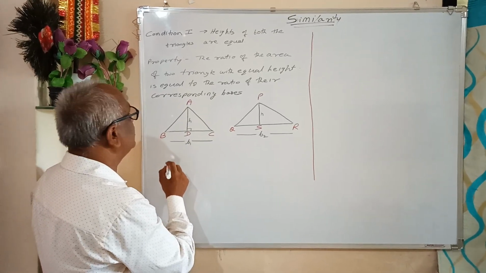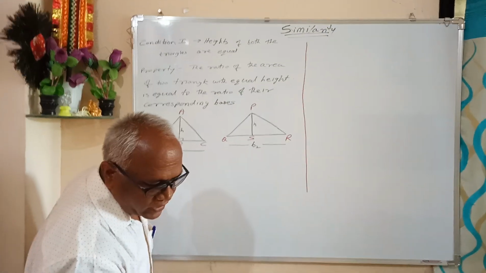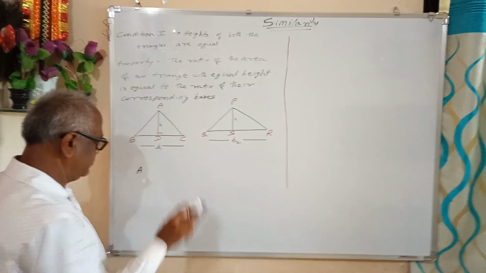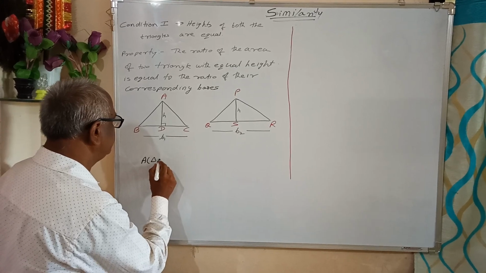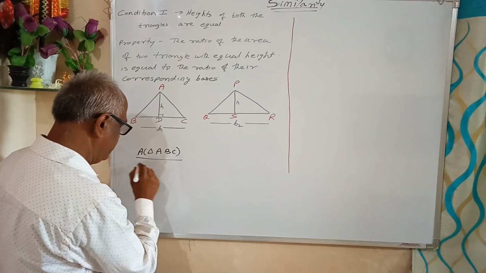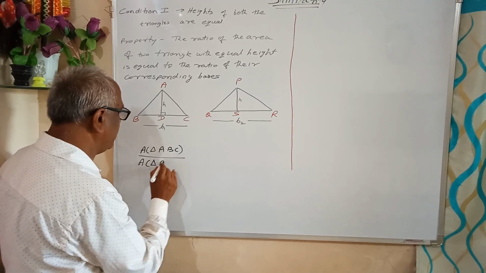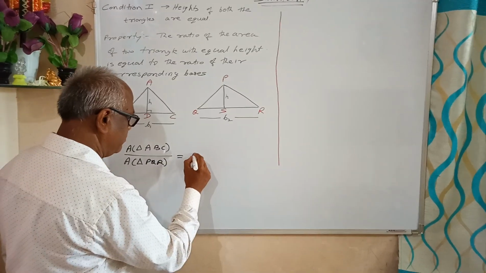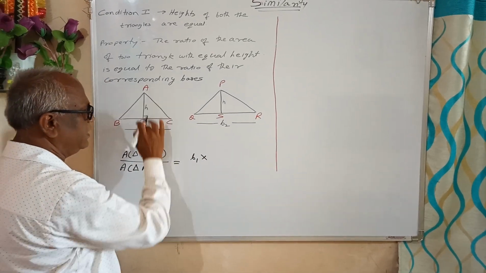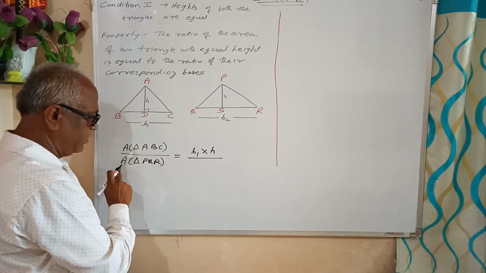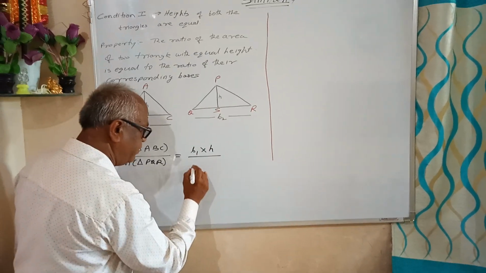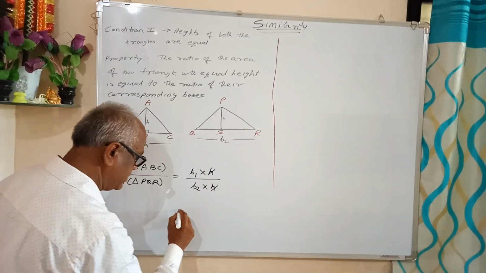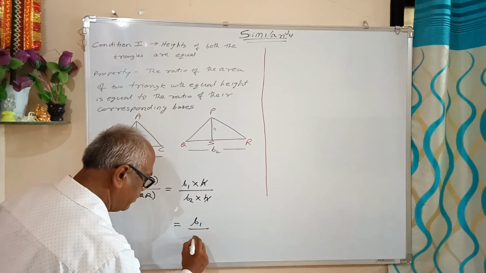Therefore, by the ratio of the areas of two triangles, area of triangle ABC upon area of triangle PQR is equal to base B1 into height H upon, for triangle PQR, base B2 into height H. This H and this H are cancelled, which is equal to B1 upon B2.